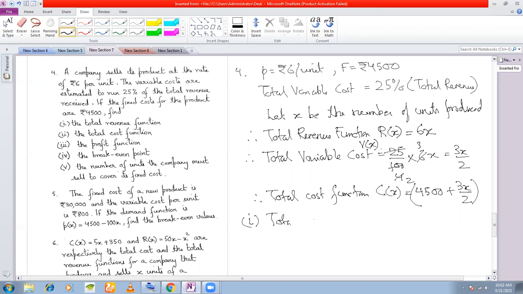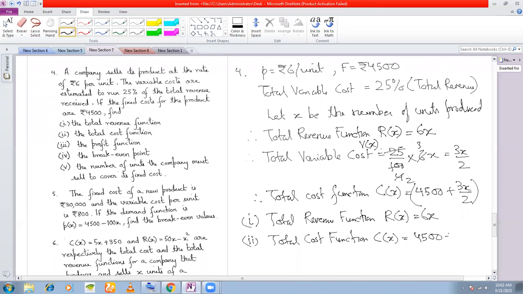We have found above, total revenue function R(X) is equal to 6X. Second question, total cost function. We have found above, it is the total cost function.